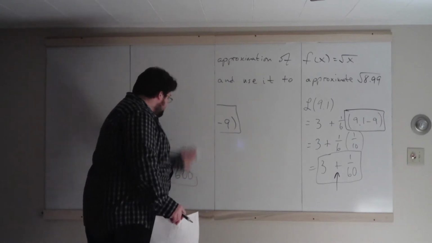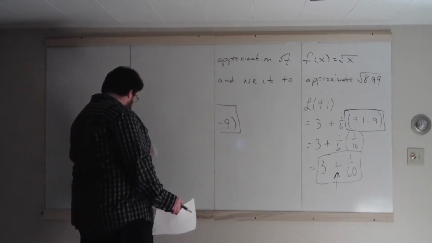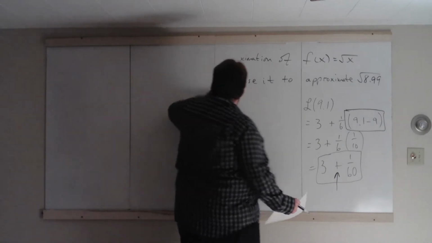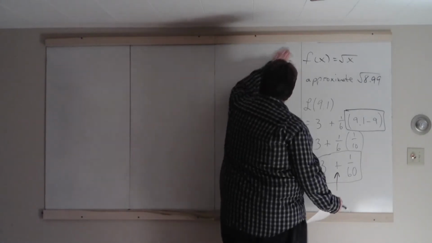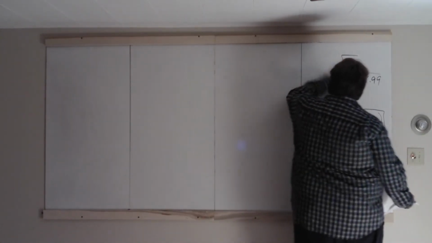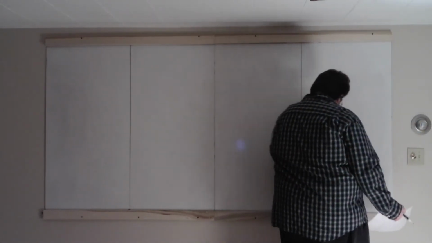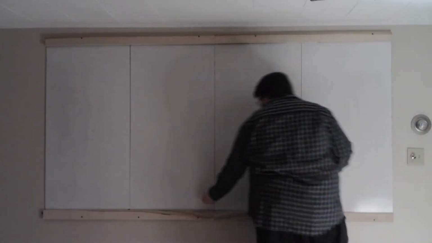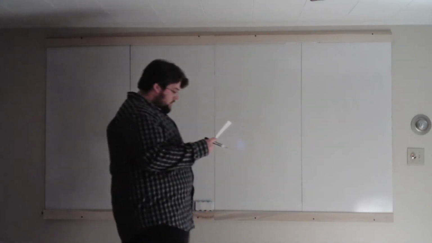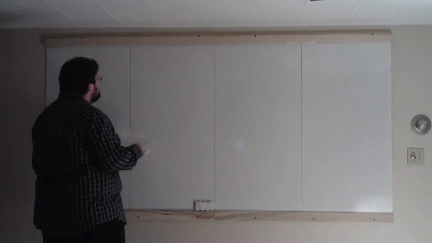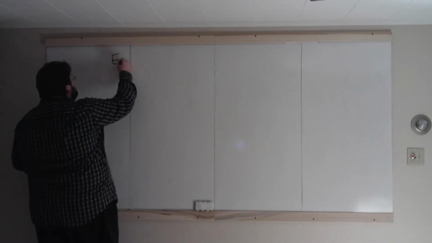Let's do another. I shouldn't have erased those directions because I'm just going to have to rewrite all of them. Actually, I won't. I'll be able to summarize them a little. So let's do this example.